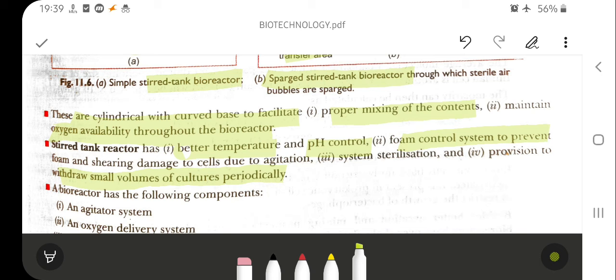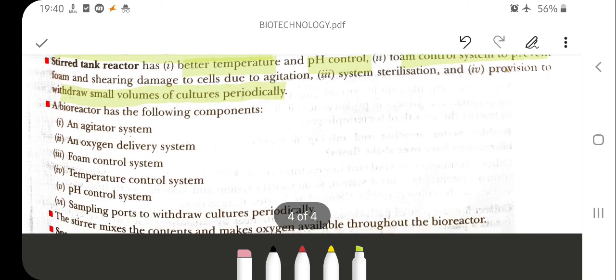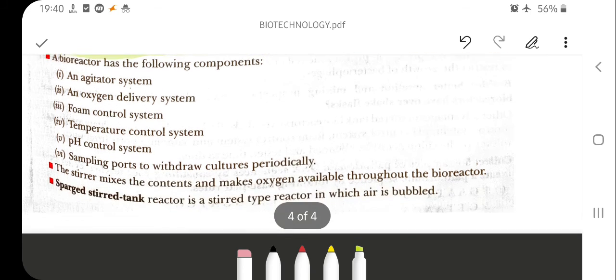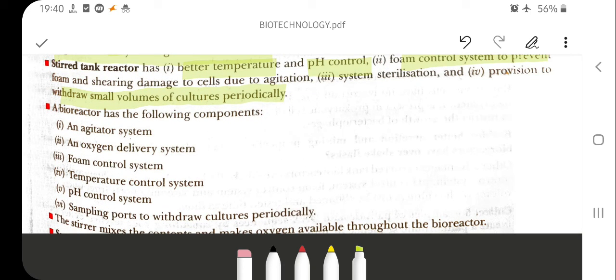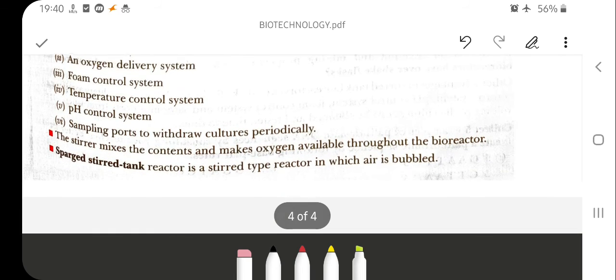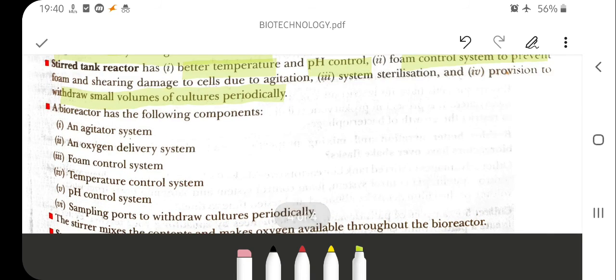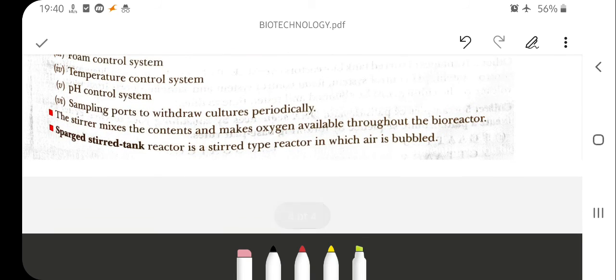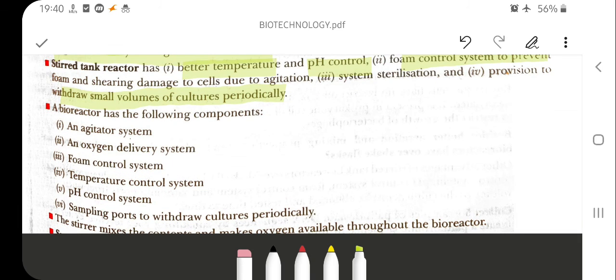So the bioreactor has the following components: the agitator system, an oxygen delivery system, foam control system, temperature control system, the pH control system, and the sampling port to withdraw the culture.